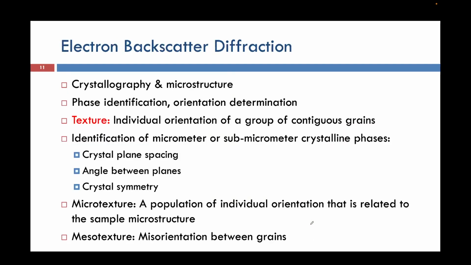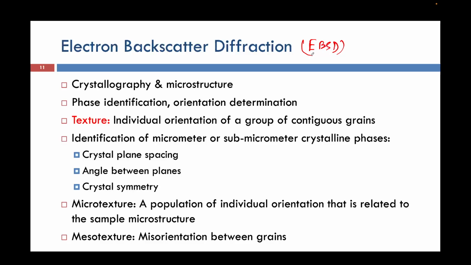So now coming to the final section of our scanning electron microscopy, that is called electron backscatter diffraction, or in short EBSD. And why do we need electron backscatter diffraction?